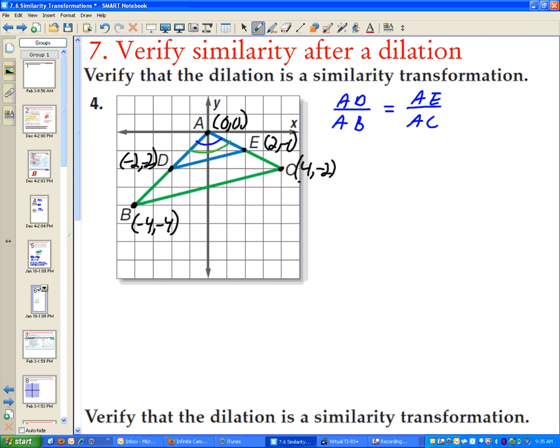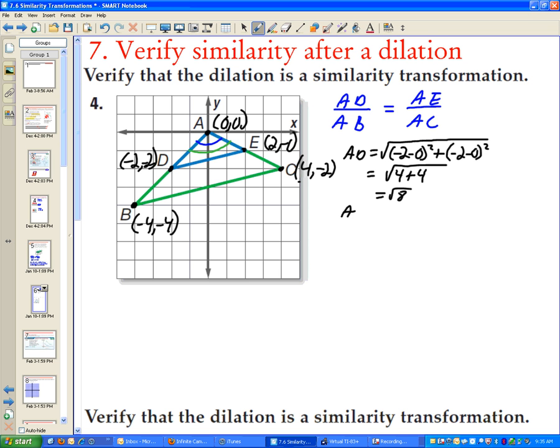So the length of AD is going to be, well, I've got to find them all. The length of AD is the square root of -2 minus 0 quantity squared plus -2 minus 0 quantity squared. So that's a -2. When I square it, I get 4 there and there. So that's a square root of 8.